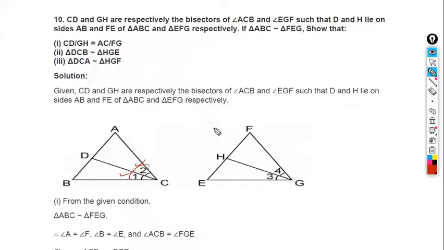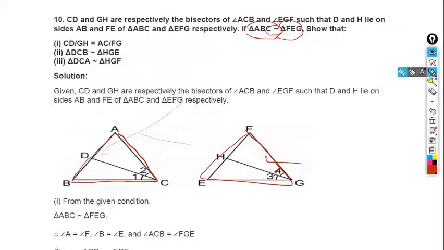And GH is also the angle bisector of angle G, that means angle 4 is equal to angle 3. Then it is also given that triangle ABC and triangle FEG are similar: this big triangle ABC and this triangle FEG are similar.